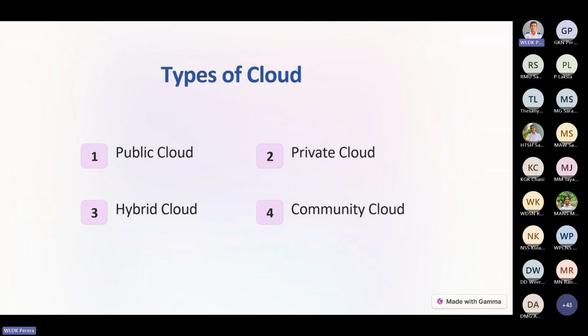And next we have hybrid cloud, a combination of both public and private clouds. As an example, we can consider AWS, Google Cloud, and Microsoft Azure for this hybrid cloud category, because they provide their resources to the general public as well as to larger organizations.